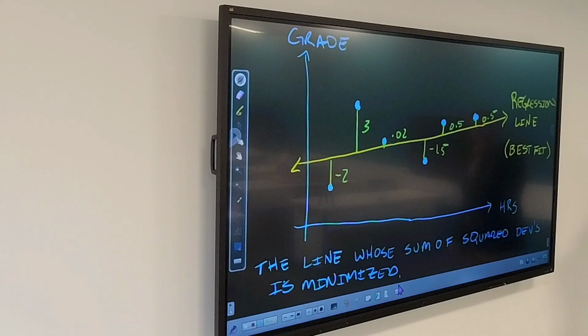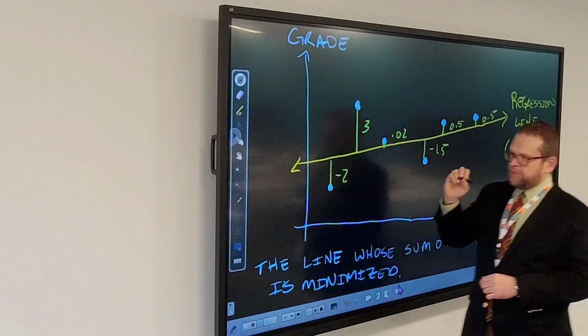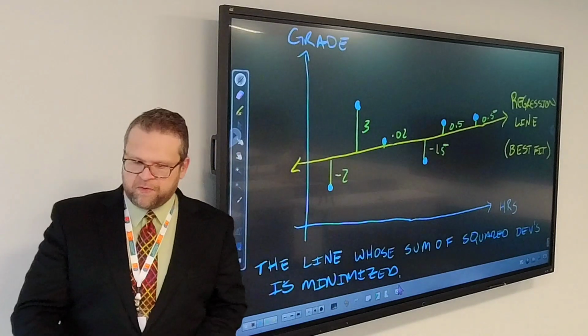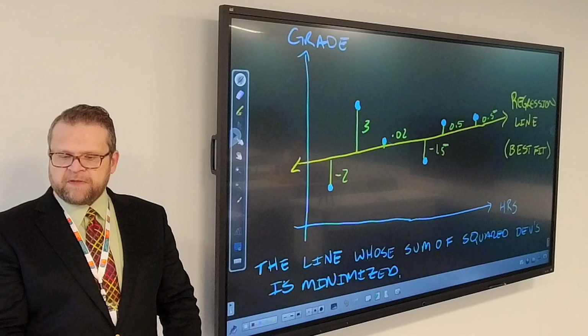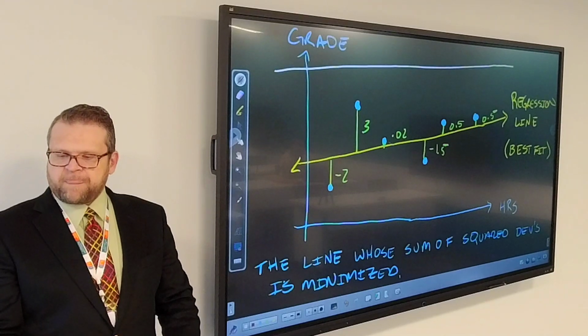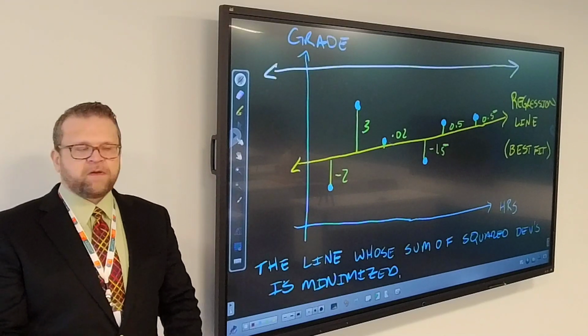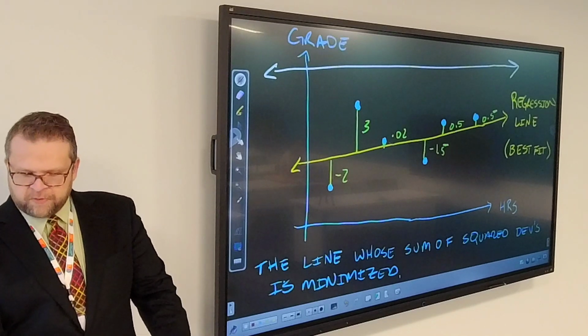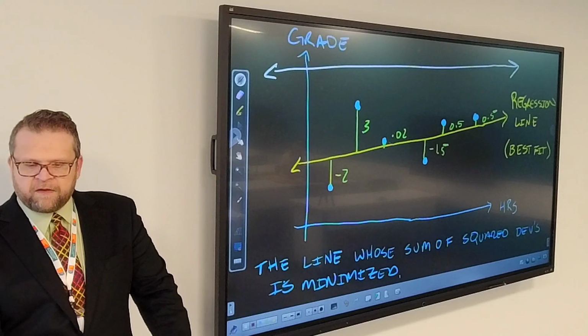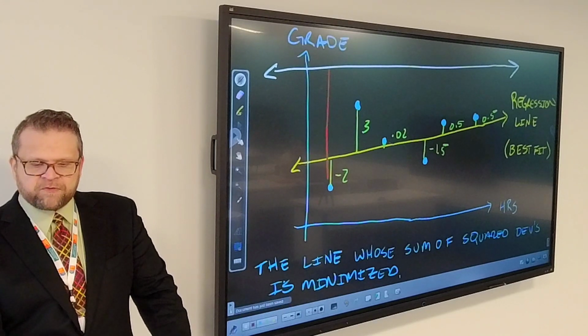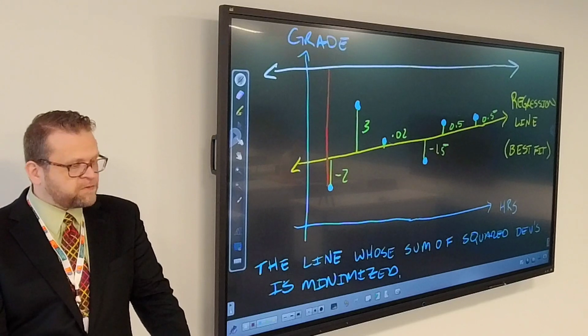And you could see that such a line would have to be oriented like this, because if I drew any other line, maybe this one, then you could come through here and start measuring deviations. We would have to measure this one and square it.